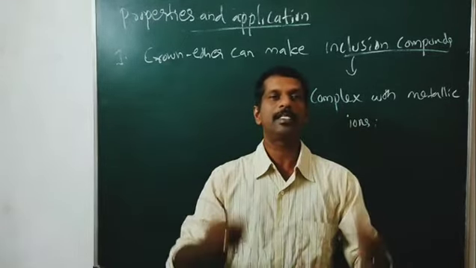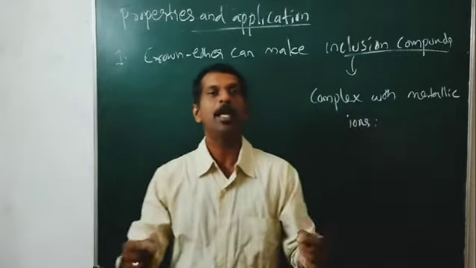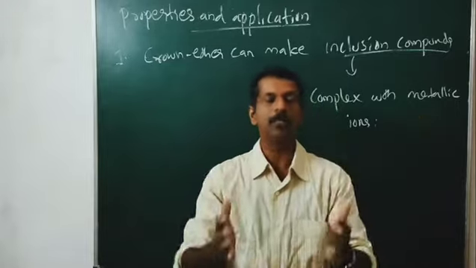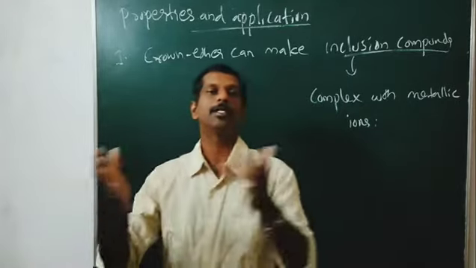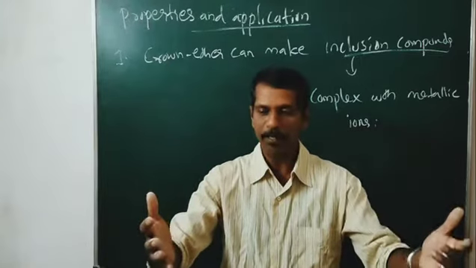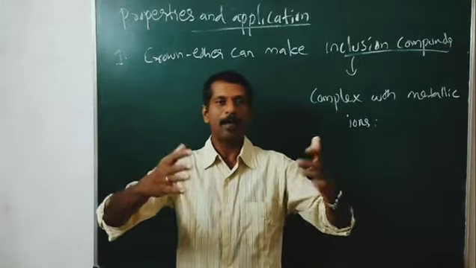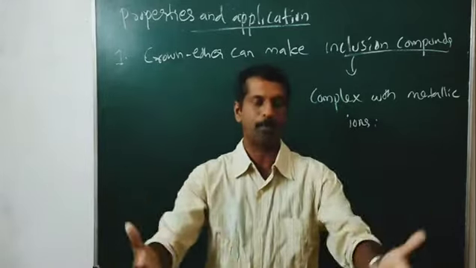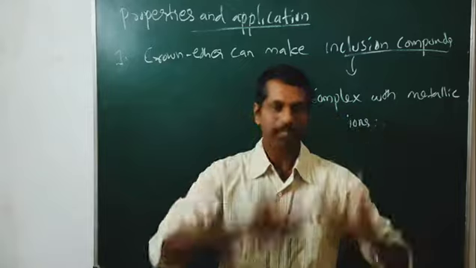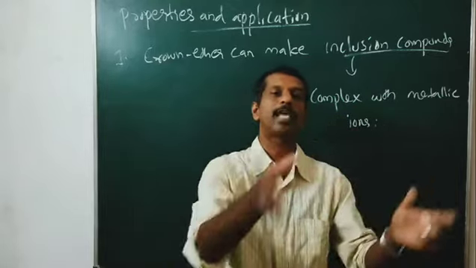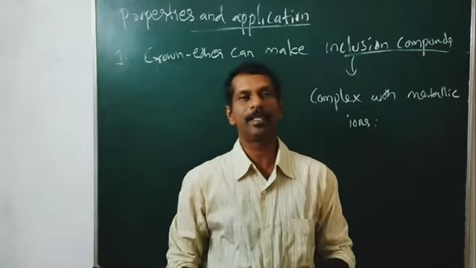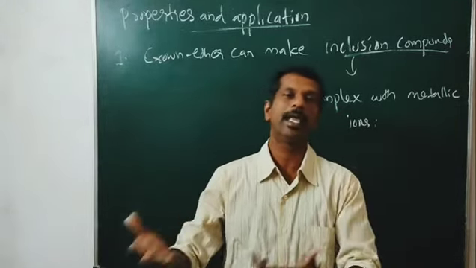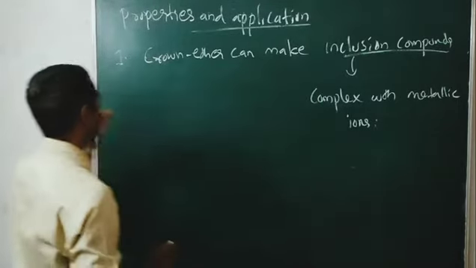This property can be used for the separation of metallic positive ions in a mixture. What will happen by the application of crown ether? The metallic positive ions will be adsorbed on the cavities of the crown ether. So this way we can separate the metallic ions in a mixture. That is the first application.